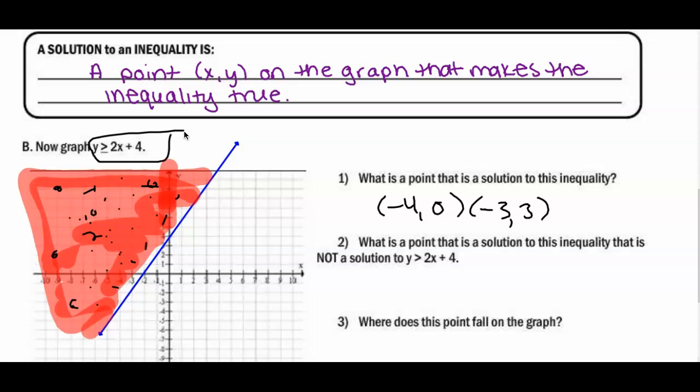What's the difference in the two equations? What do you think, Jesse? Would it be like the equal to the inequality? Yeah, it's the equal to and the inequality. That's the difference in the two equations. So where's the equal to and the inequality come from? It comes from the points on the line. Close.